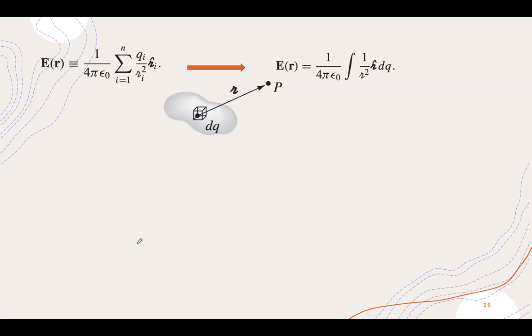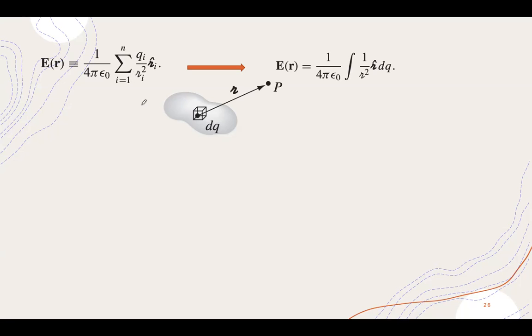So far we learned, and that's why I revised it, that for a discrete distribution of charges, the electric field is given like this: the sum of all the charges divided by Ri squared, and obviously the directions are very important, so the electric field is given as the sum of all those terms. This is a summation sign.